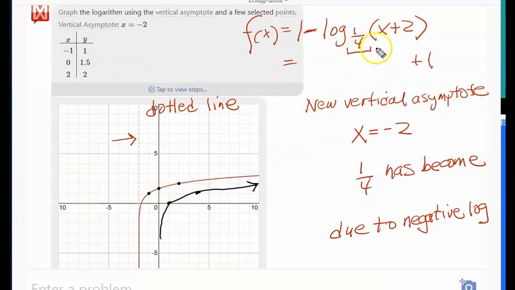Now I've sketched in, if this would have just been an x without the vertical shift here and the horizontal shift here, the black line would have looked like this. And now we're going to move it 2 units to the left here.